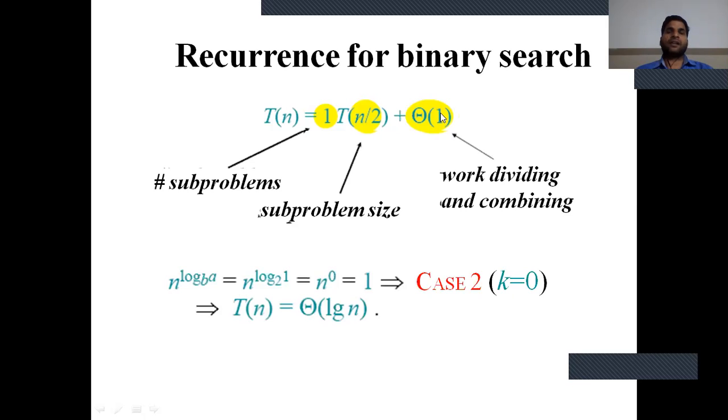Both are equal, so the second case of the master method applies. According to the second case, T(n) equals theta of n to the log base b of a times log n, where log base b of a is 0, therefore the time complexity is theta log n. So the time complexity of binary search is theta log n.